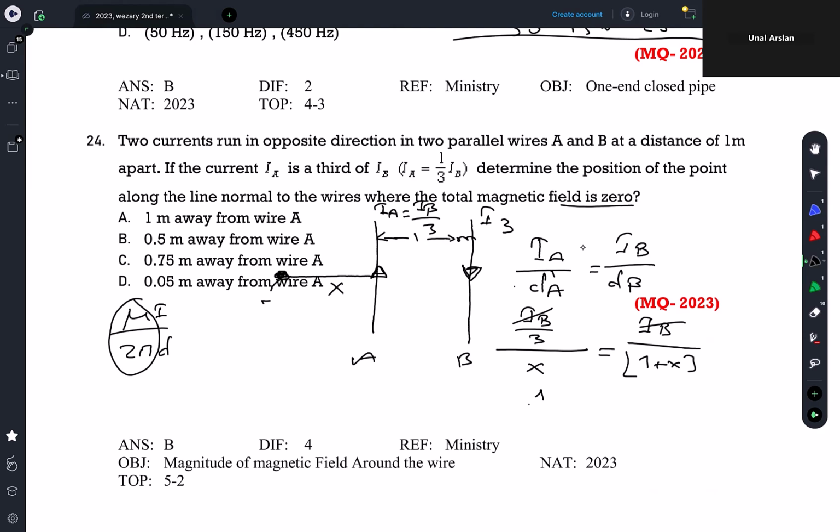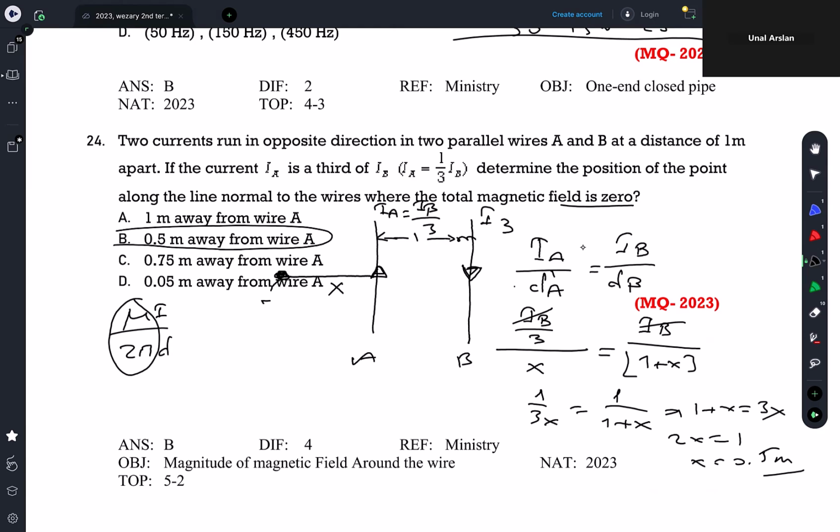So here it is going to be 1 over 3X equals 1 over 1 plus X. After cross multiplication, it's going to be 1 plus X equals 3X. So 2X is going to be 1, X is going to be 0.5 meter. So 0.5 meter from wire A is the correct choice, or 1.5 meter from wire B, also a correct choice.